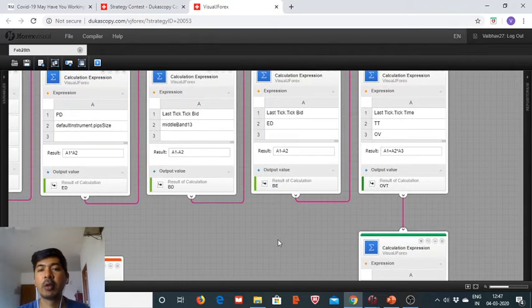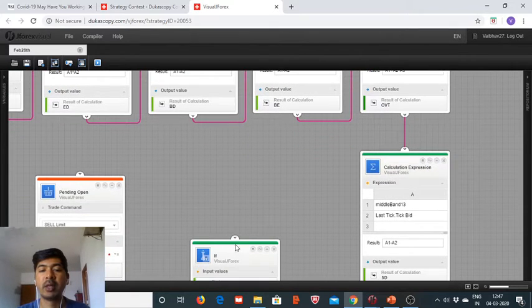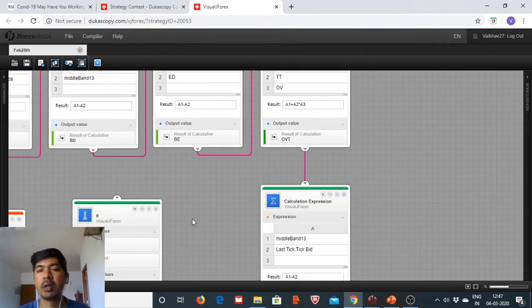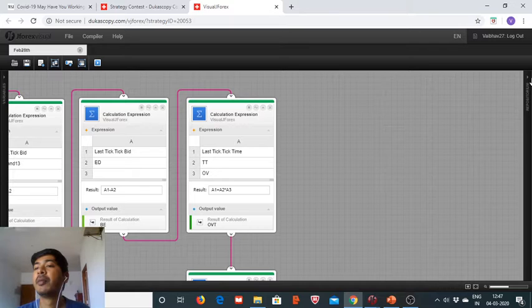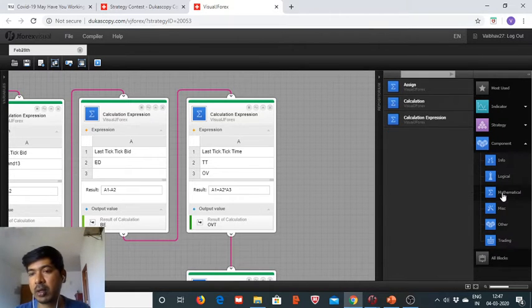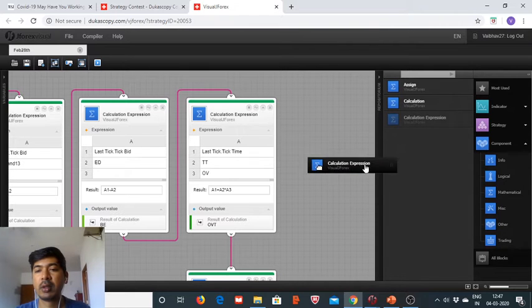So I think we will also need to do the calculation for AC block. So here, let's bring in another calculation expression, mathematical, and this is it.